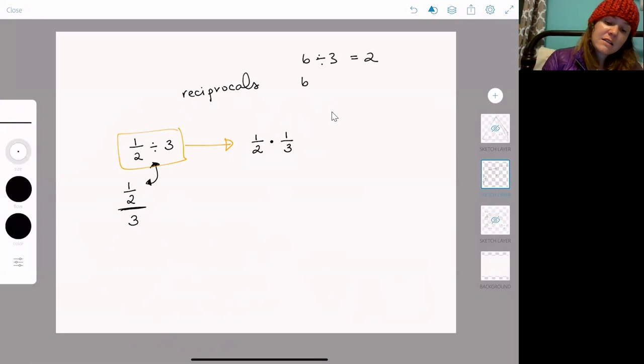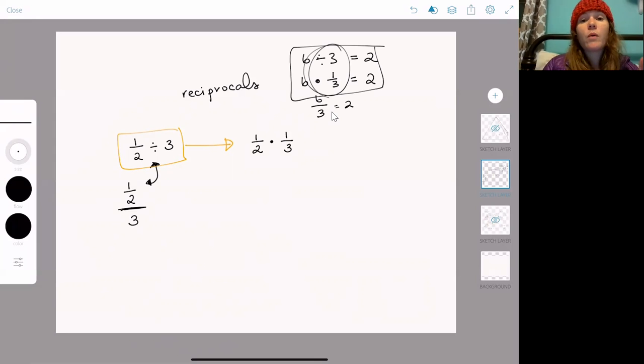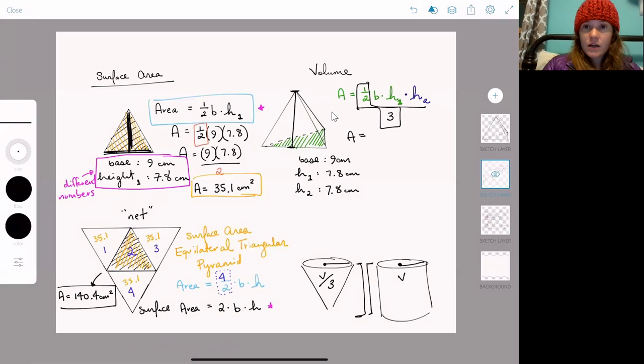If I were to take 6 and multiply it by 1/3, it also equals 2, because for this one, I would put the 6 on top, the 3 on bottom, and then it is the same as 2, okay? So these are called reciprocals of one another when we're dividing by 3 or multiplying by 1/3. What we've done is we've taken and flipped it. Okay, enough of that for now. So let's get back to it.